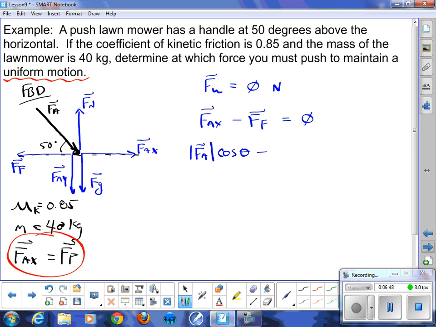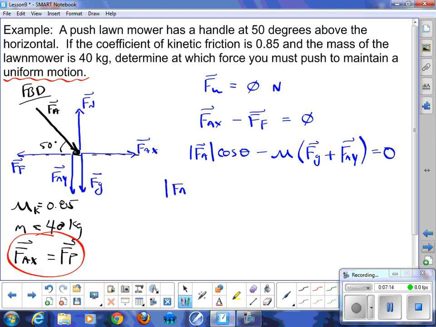Minus force of friction is mu, and it is your force due to gravity plus or minus your FAY. Now you're pushing down on the lawnmower. FAY is going in the same direction as FG, so you're going to add them together. So the normal force is that sum of FAY and FG. That being said, we can now do some more substitution.